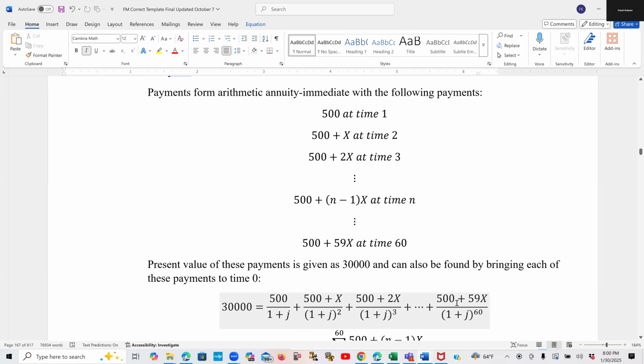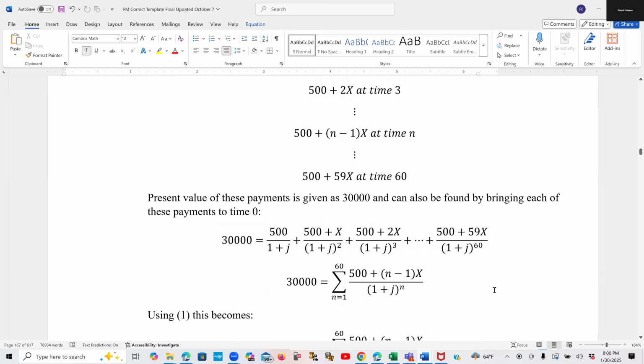Last one happens at time 60, so we bring it back by dividing it by a factor of (1 + j)^60. And in summation notation, this can be written as the sum of (500 + (n - 1)X) over (1 + j)^n. You can check the first and the last term to make sure that the indices are correct.